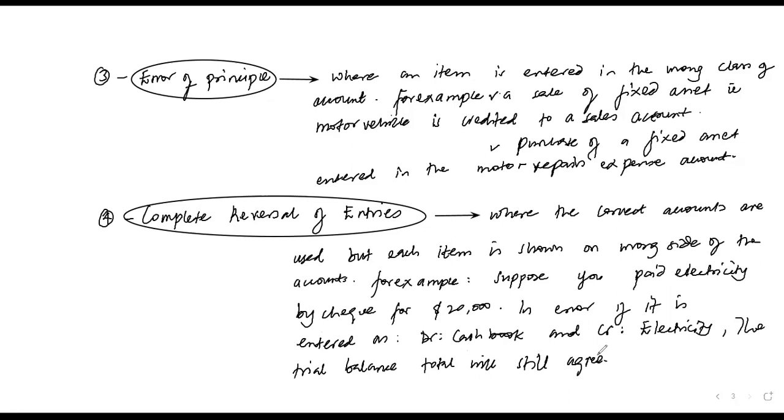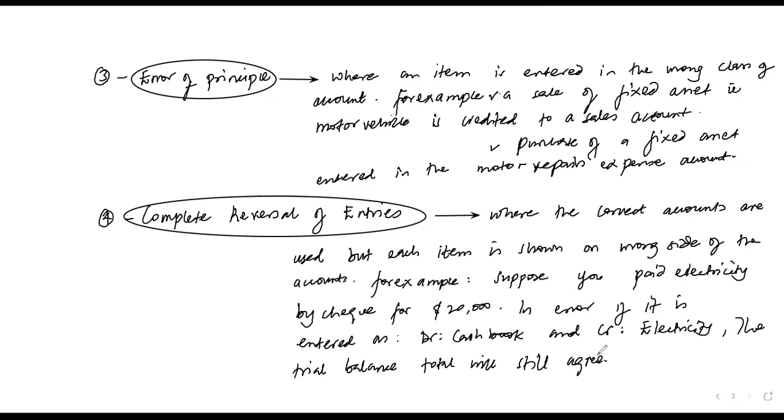So suppose you're paying electricity by check, 20,000. Here the double entry would have been debiting electricity and then crediting your cash book. But in error, we do the reverse. Instead of crediting the cash book, we debit our cash book and then credit electricity account.